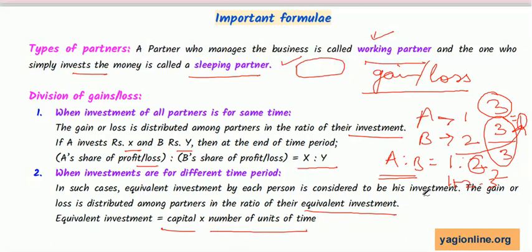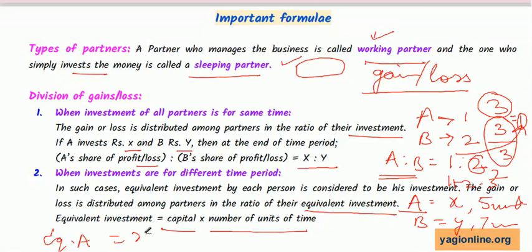Say for example, A invests X rupees for 5 months, B invests Y rupees for say 7 months. So what will be the equivalent investment of A? Equivalent investment of A will be X, that is the capital, and time is 5, so 5X. What will be the equivalent investment of B?